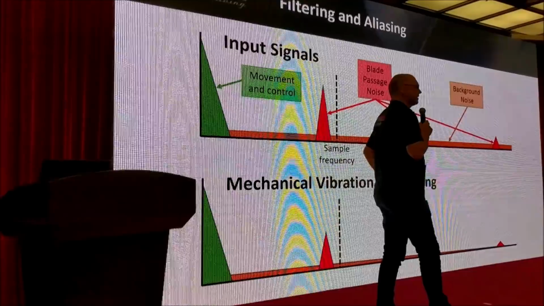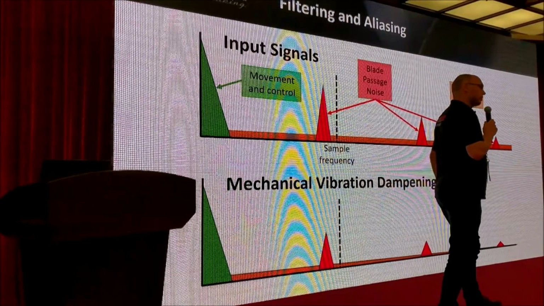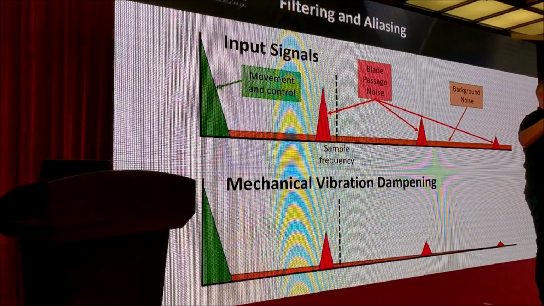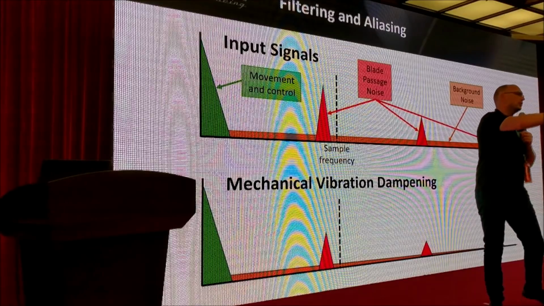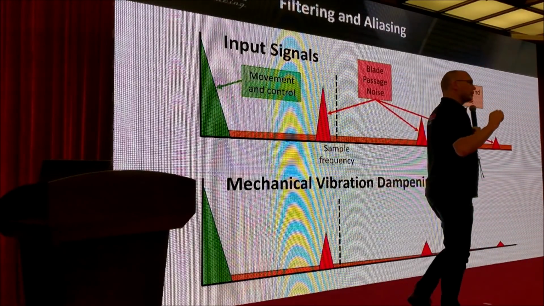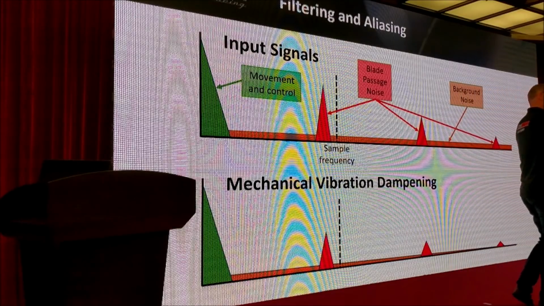Aliasing is a very nasty problem with digital systems. What aliasing does is, when you're sampling a real signal that is continuous, it moves smoothly. When you sample that, you have discrete points.